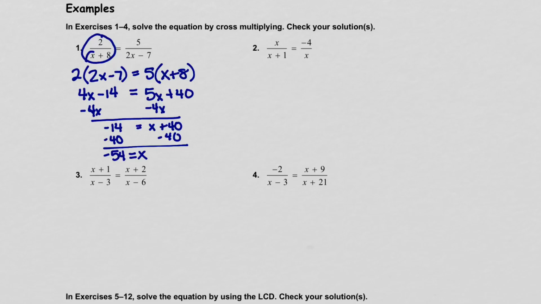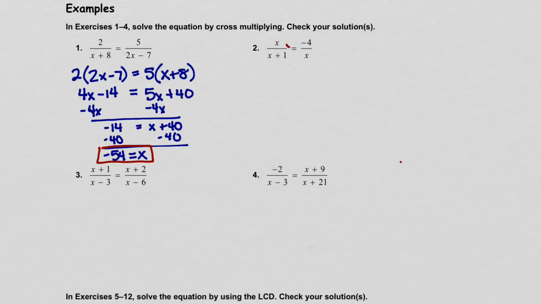The main thing is that if you plug in negative 54, your denominator cannot equal 0. I checked it, and negative 54 works. That is our solution for number 1.